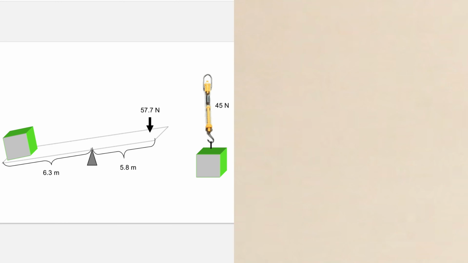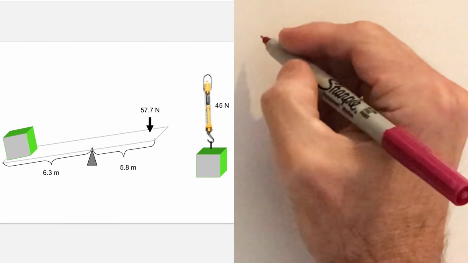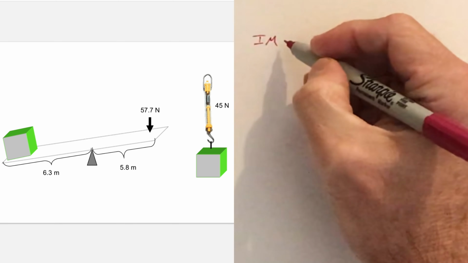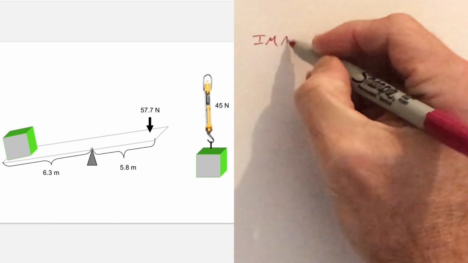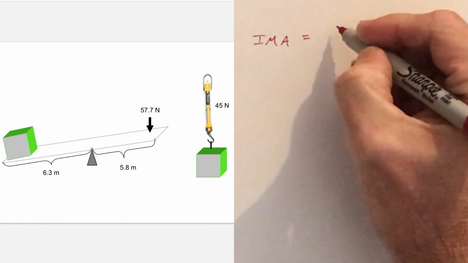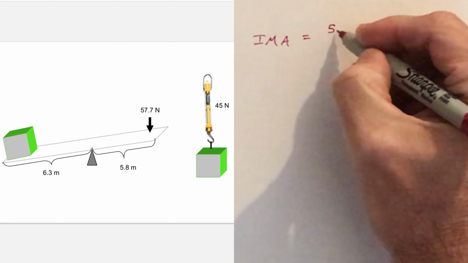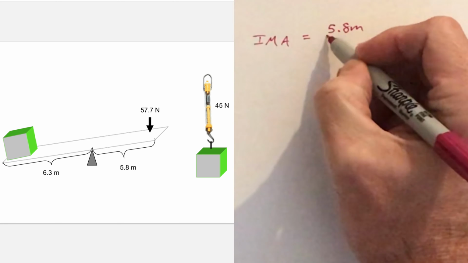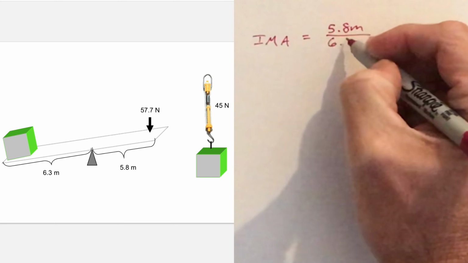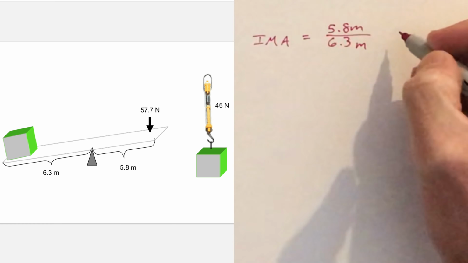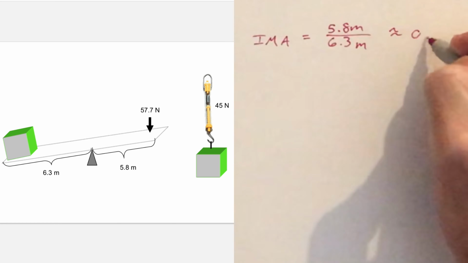For our second example of calculating efficiency, let's look at a lever. In this lever, the ideal mechanical advantage is the push length, 5.8 meters, over the lift length, which is 6.3 meters, which comes out to be about 0.921.